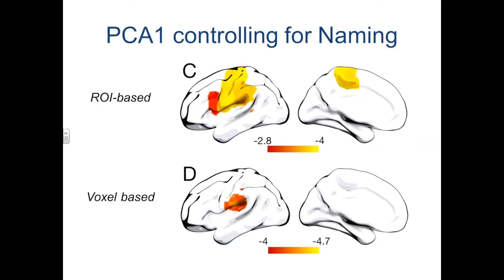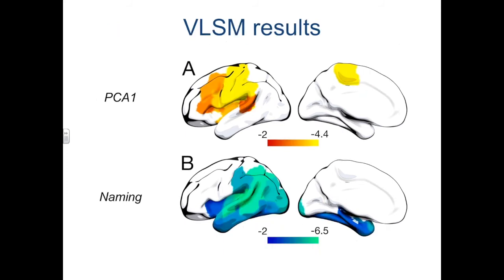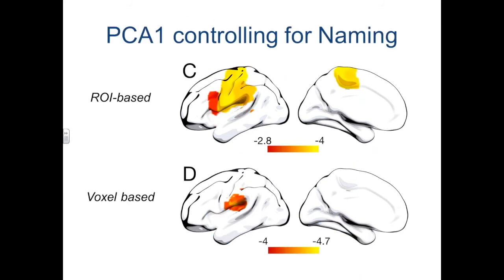Now, these are the variables alone, but what happens when we introduce each other as a confounder? So when we look at this idea of sentence production and we control for naming, these are the same results. It's just that on the bottom, you're seeing really just the voxels that were significant, where on the top, you're seeing the regions of interest from the atlas that we used that included voxels that were here.